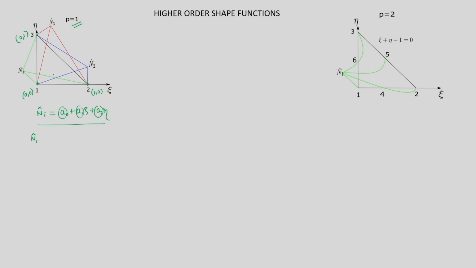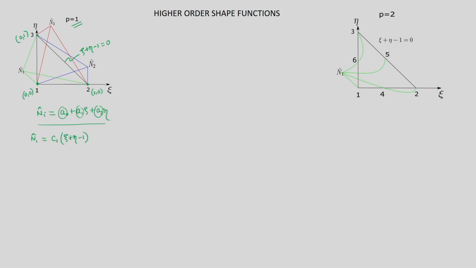But since the shape function is linear, it has to be linear along 2, 3 also, and if we define the value of that linear function as 0 at both the points, it will be 0 throughout the line. So if we follow that, along the line xi plus eta minus 1 equal to 0, our shape function N1 will be 0. So our shape function N1 will be C1 times xi plus eta minus 1.